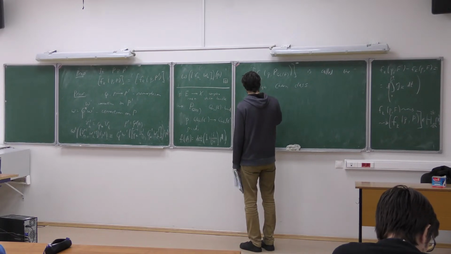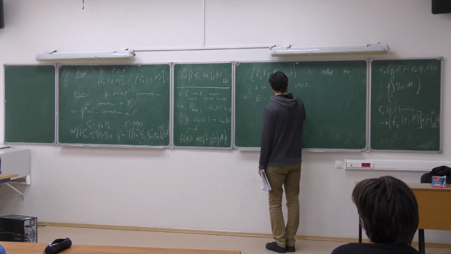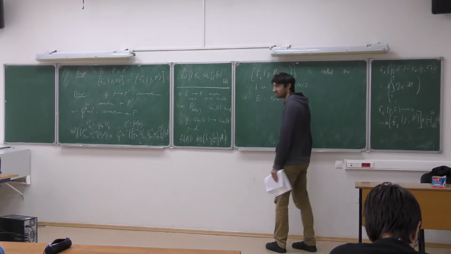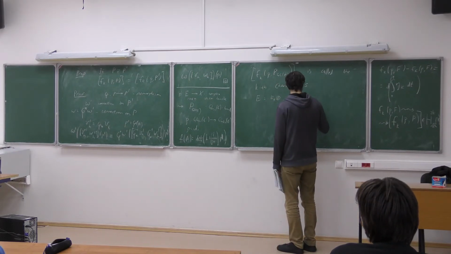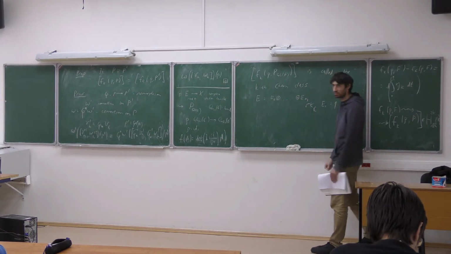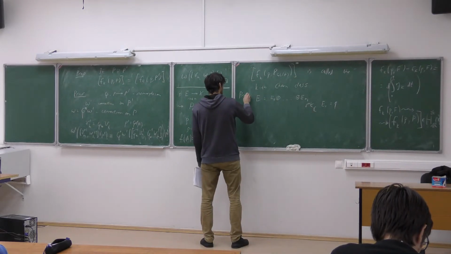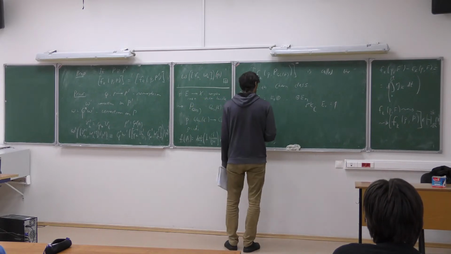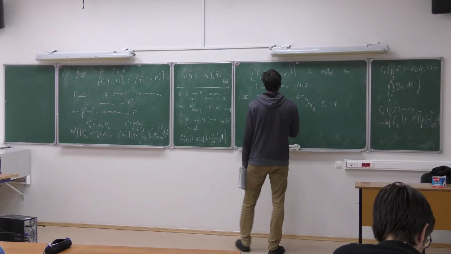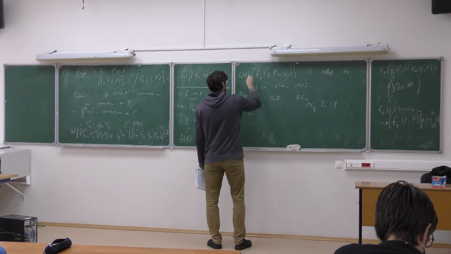So if my E is just a direct sum of line bundles, so the complex rank of each E_i is just 1, maybe it's just a proposition. Then, let me denote this as C_k of E.